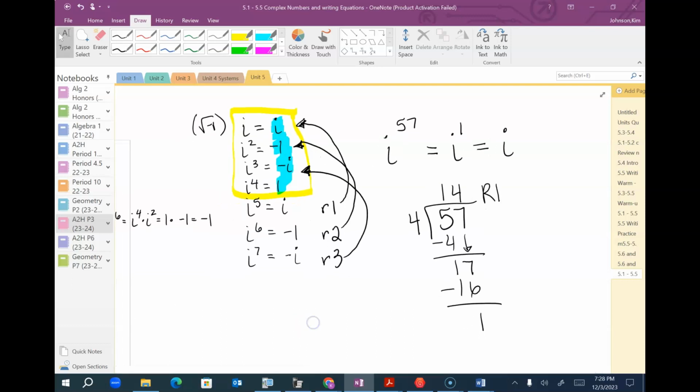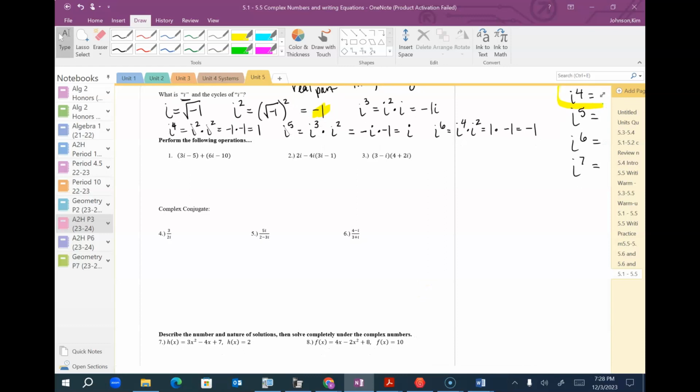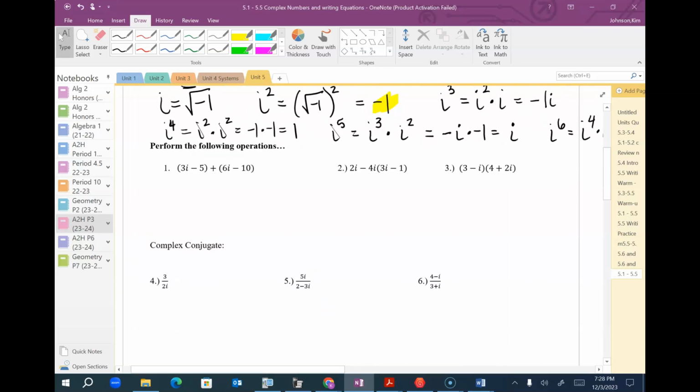Okay, so let's go ahead and get to some operations. I think these are pretty easy, personally, because it's literally the same exact thing as you would do if i's were x's, and then you just simplify afterwards. So I'm thinking of this as if I'm combining like terms, right? So the like terms are 3i and 6i. Add those together, 9i. Voila! The like terms are -5 and -10.